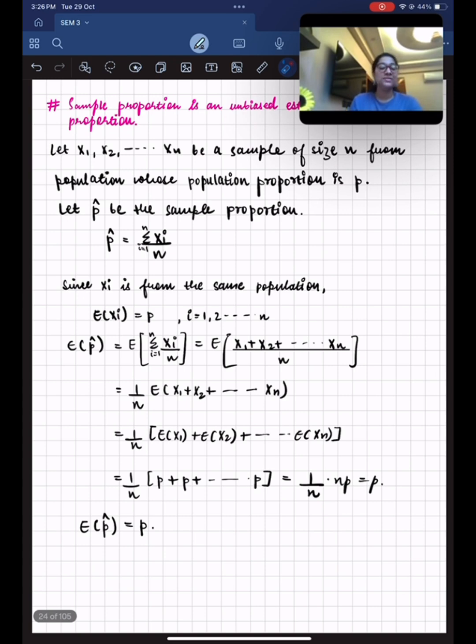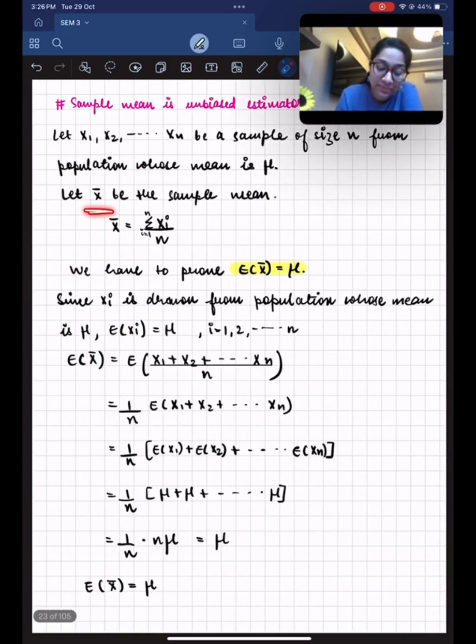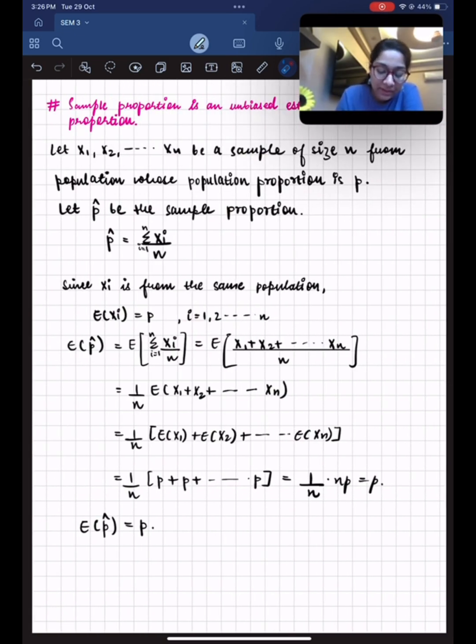Now we'll see if the sample proportion is an unbiased estimator for the population proportion. We'll take a similar sample, x1, x2, till xn of size n, from a population whose population proportion is p. So we'll take p cap to be the sample proportion like we did for x bar, and p cap will be equal to summation of xi divided by n, where i ranges from 1 to n.